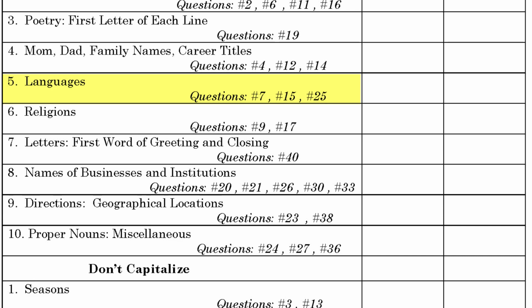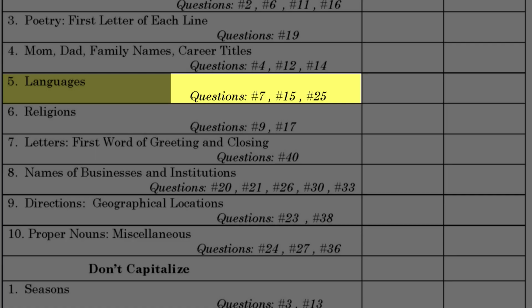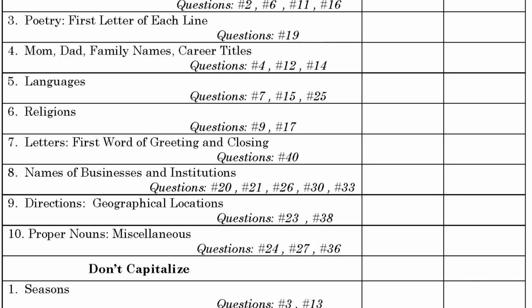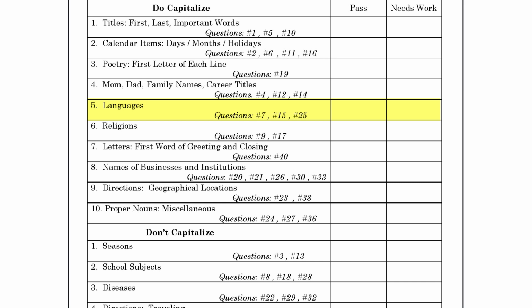So if the students missed either 7 or 15 or 25 or all three of them, the students would circle those numbers, and then if they miss any one of those three or any of the questions on that rule, they would mark needs work on that item.